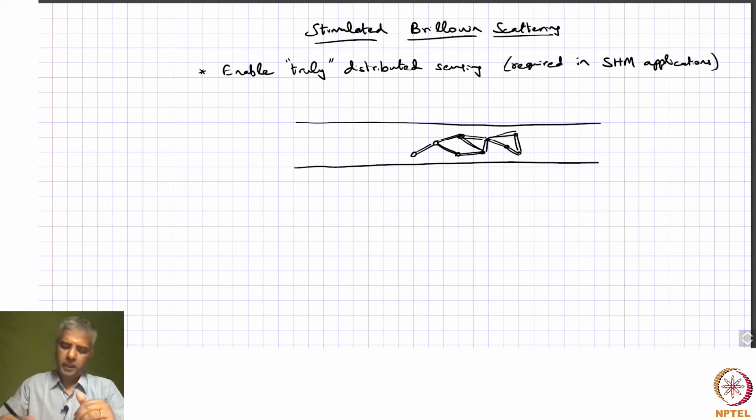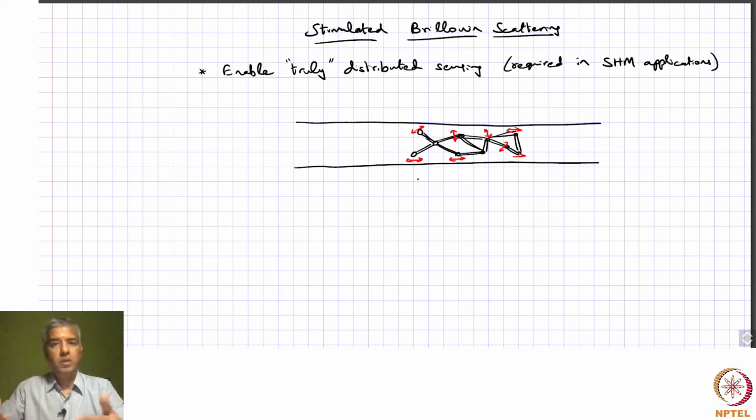So what happens at room temperature? At room temperature, each of these atoms is going to just bounce around its mean position in some random manner, and that means this entire network is now going to be agitated at room temperature.